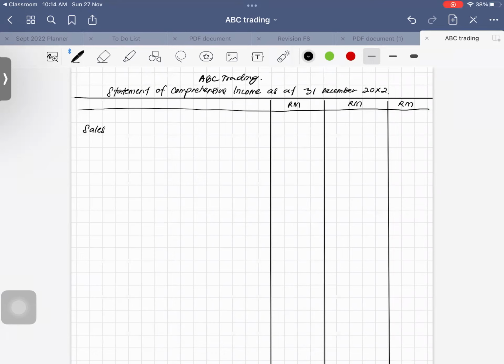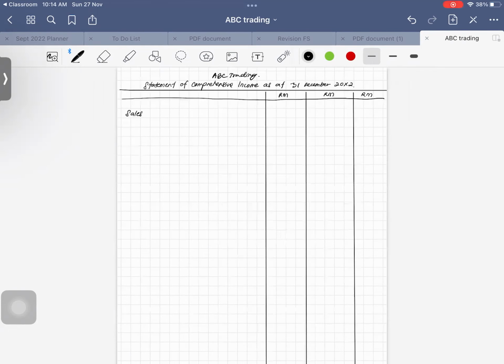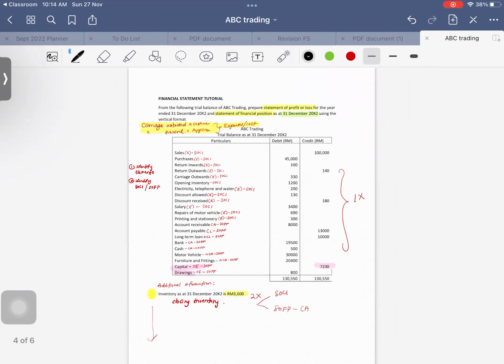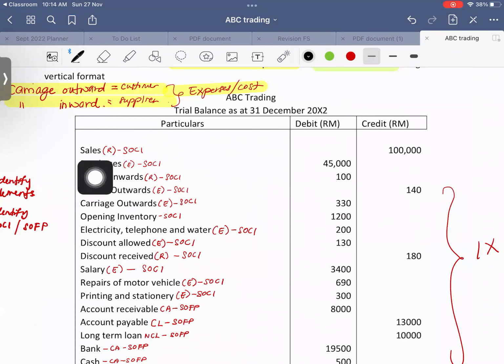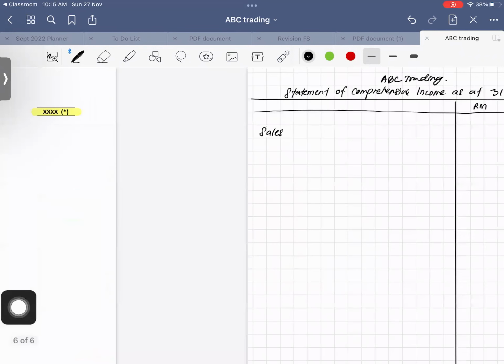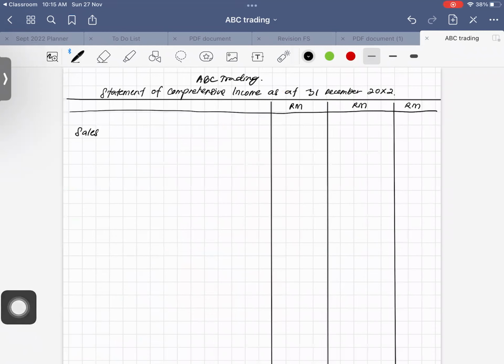Okay. Dah. Okay. Right. So, sales. Macam biasalah, sales dapat dekat mana? Trial balance. Macam ni. Okay, sales, 100,000. So, letak the sales value at the column, 100,000.